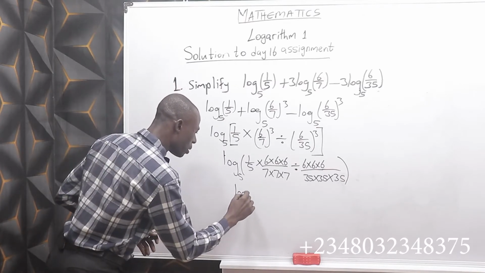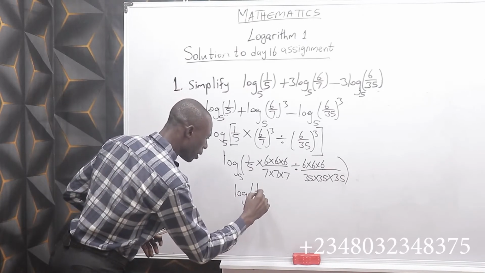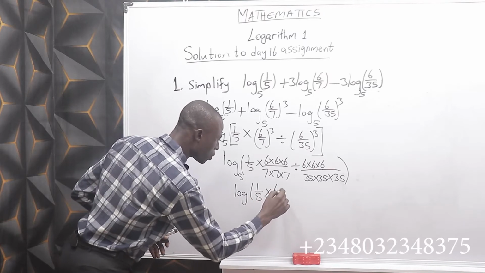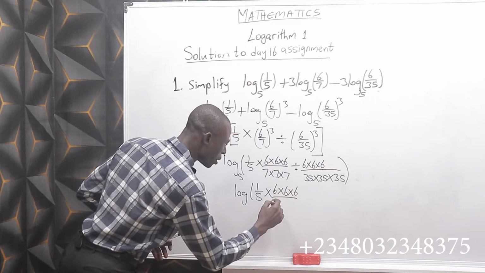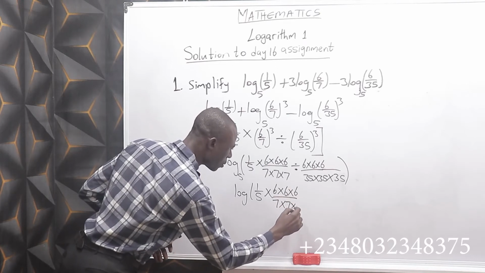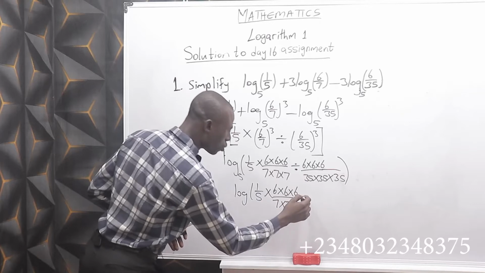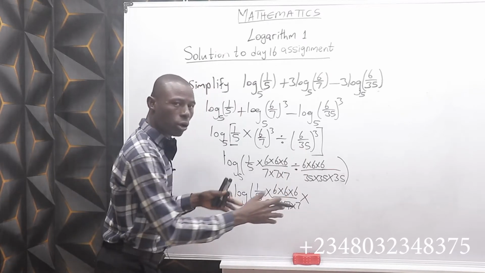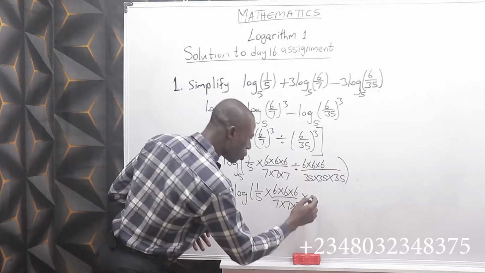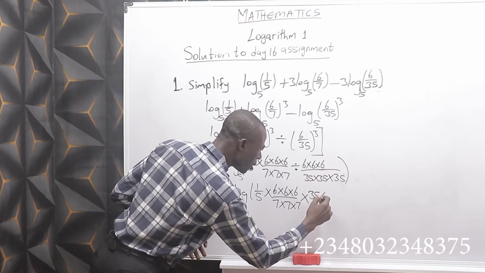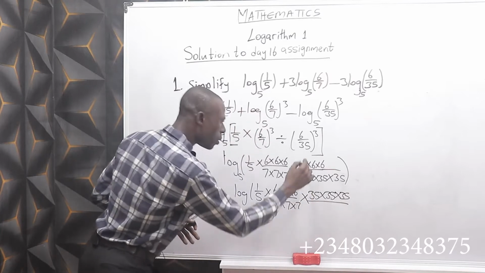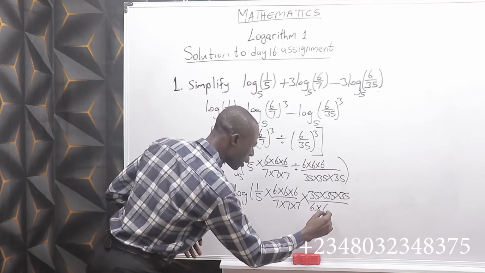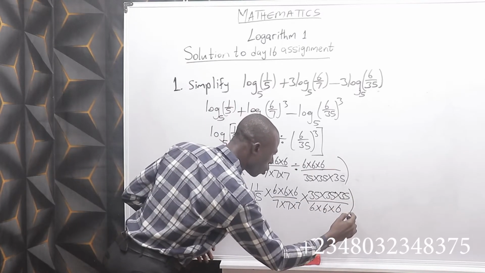So apply further what you know about reverse of division. Inverse of division is multiplication. So this division will change to multiplication and the divisor also will turn upside down. So we will have 35 times 35 times 35 up, 6 times 6 times 6, we have to come down.